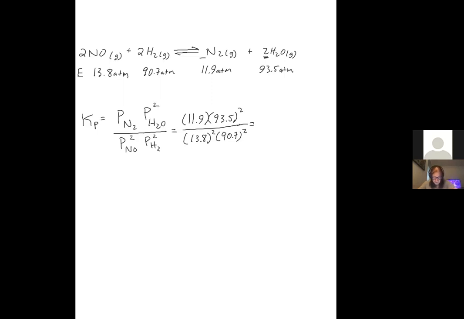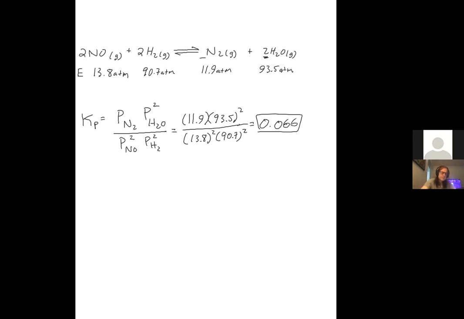So we end up with 0.066, 2 significant digits, no units, okay? So when we report values of equilibrium constants, whether it be Kp or Kc, we're not going to include units in those results, okay? So hopefully that's pretty straightforward for you.